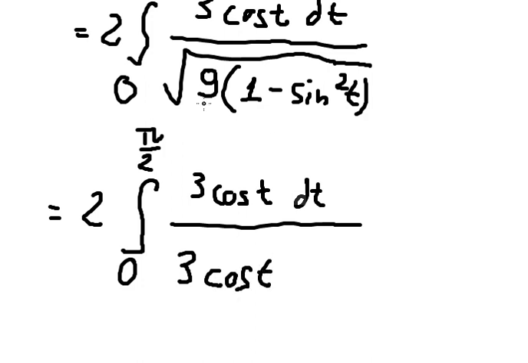So the square root of 9 is 3, and this one we have cosine t. Now we simplify this one, and we just have it like this.